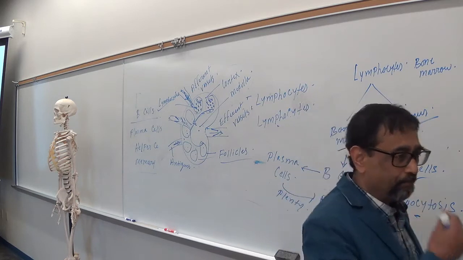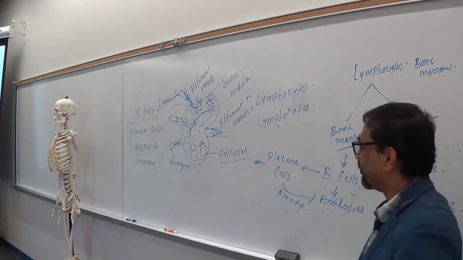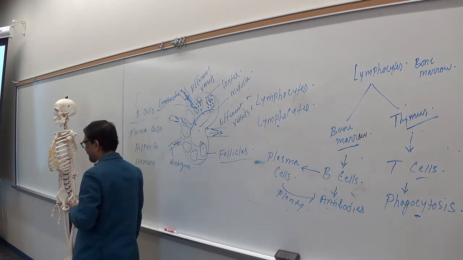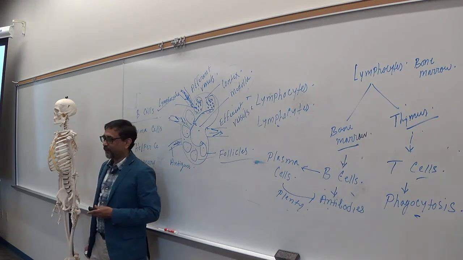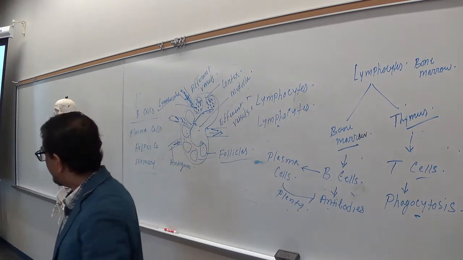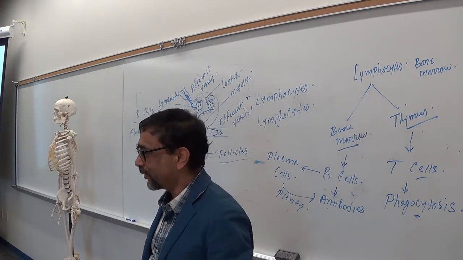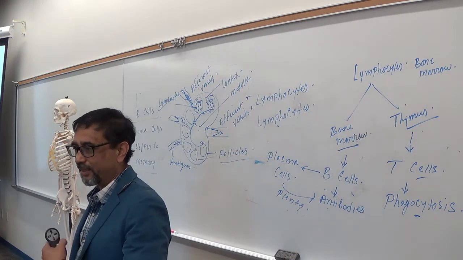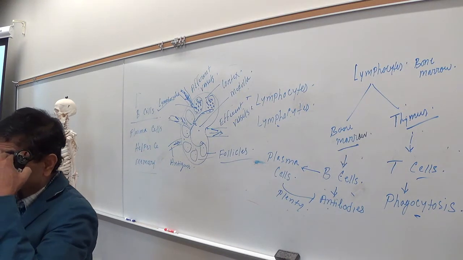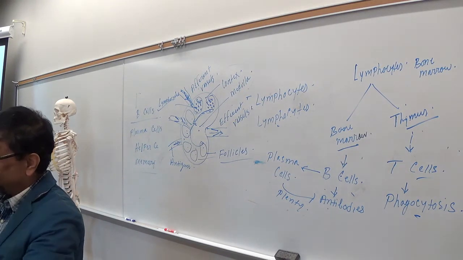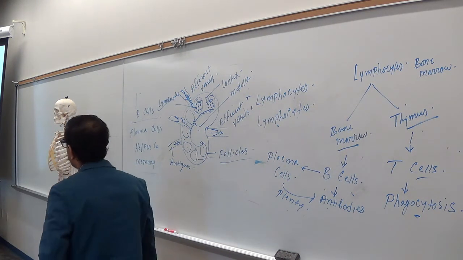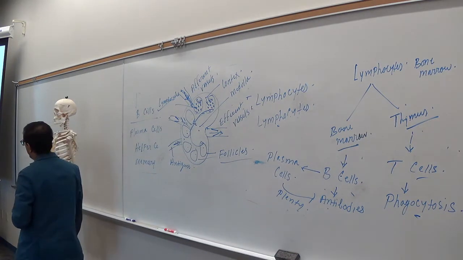Now, another function of the spleen is destroying the old blood cells. So this is not immune function. The first one is immune function, proliferation of lymphocytes, surveillance and response. The second one is removing the old blood cells, and that is the cleansing of the blood.